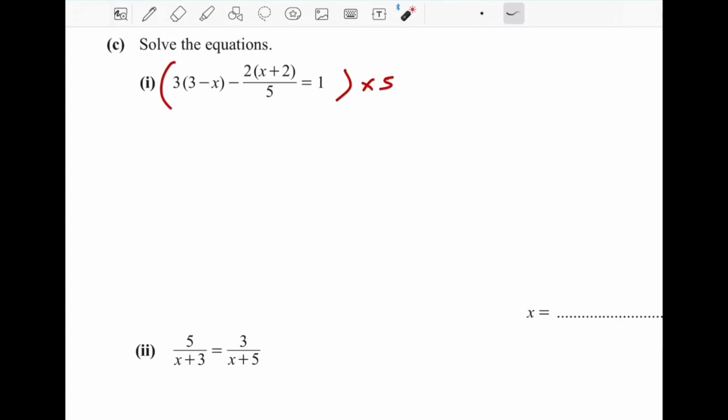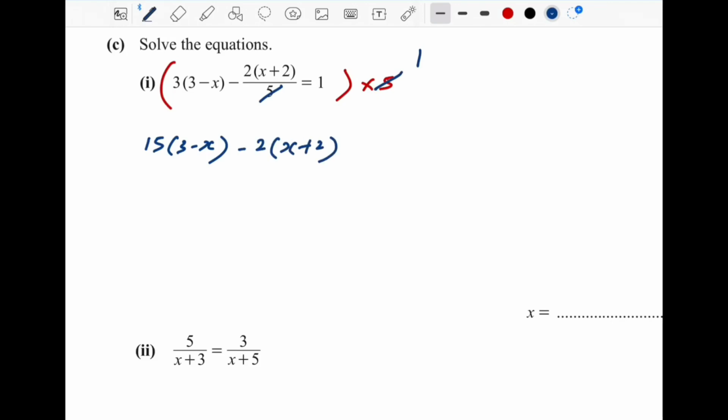Okay, multiply the whole thing by 5, this will be 15. This will be just the numerator part. This will be 5. Okay, get rid of the bracket, expand it. Collect the like terms.